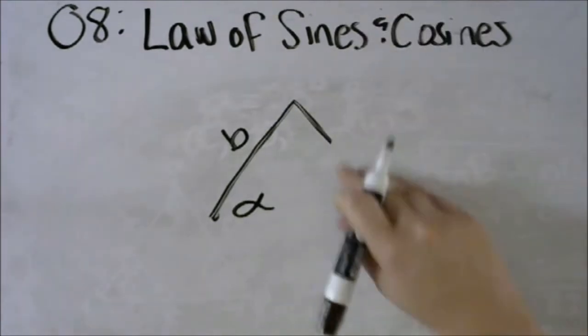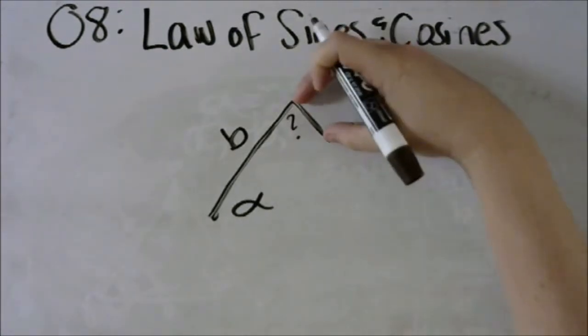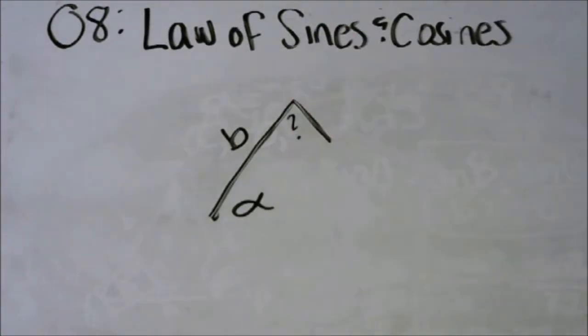So the problem is we don't know the angle that this side hinges off of. We only know the length of this side. That means that there's multiple options for this length. For example, if this side is too short, like I've drawn it in my picture, you could conclude that no triangle is formed.